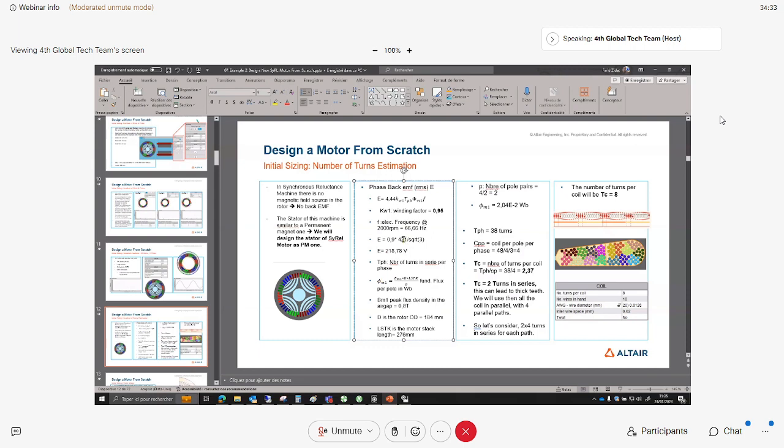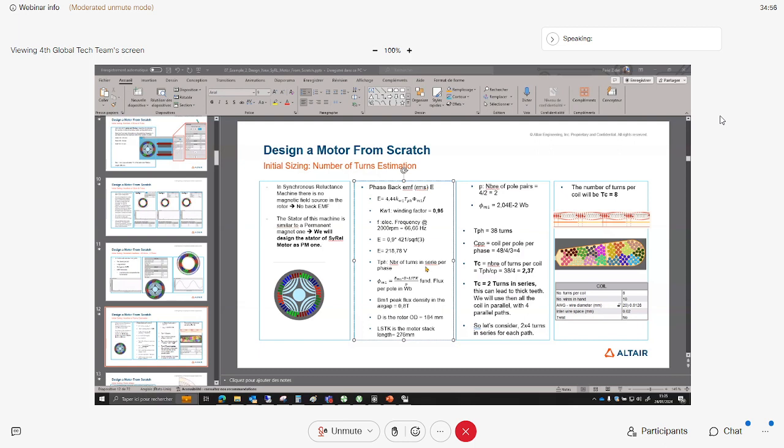So remember that the voltage we computed previously was a phase-to-phase voltage. We have to divide it by square root of 3 to go from phase-to-phase voltage to phase-to-neutral voltage.